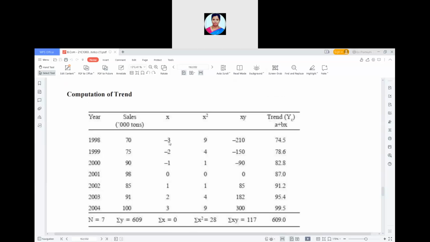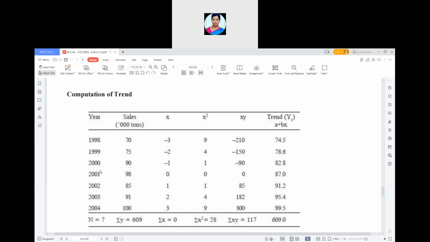In this one, we have calculated the x values. In the years 1998 to 2004, which year comes in the middle? That is 2001.